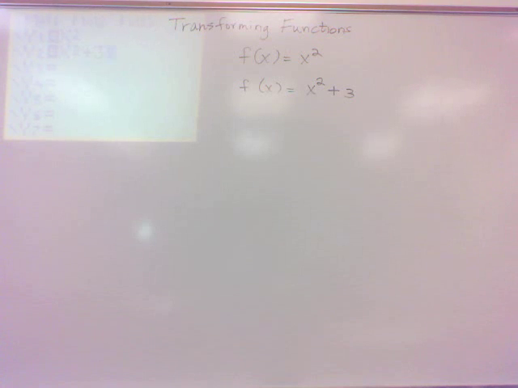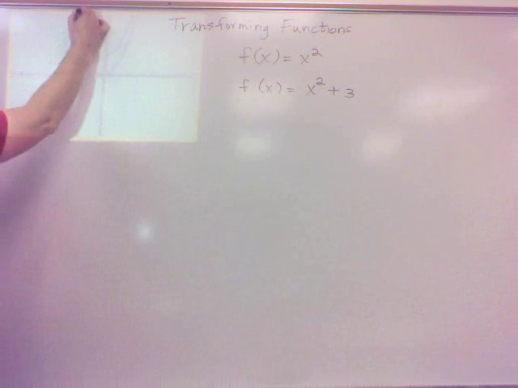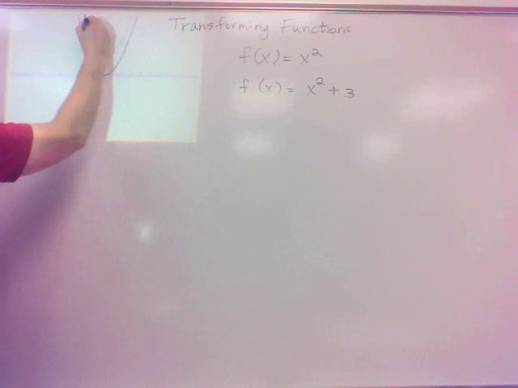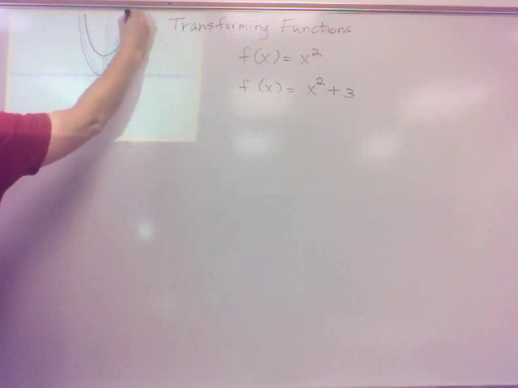All right, so I'm going to graph both of these and try that again. Okay. All right, so here's the x squared graph, basically, and then here's x squared plus 3, that function.